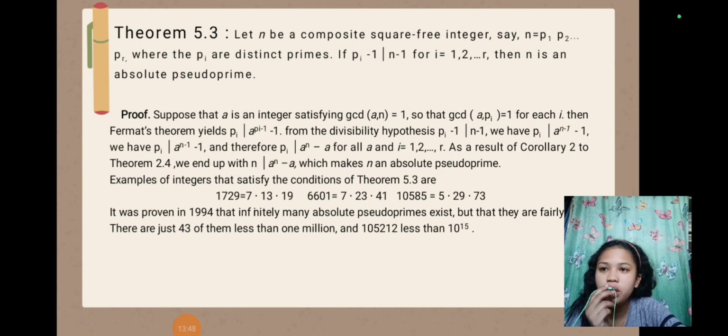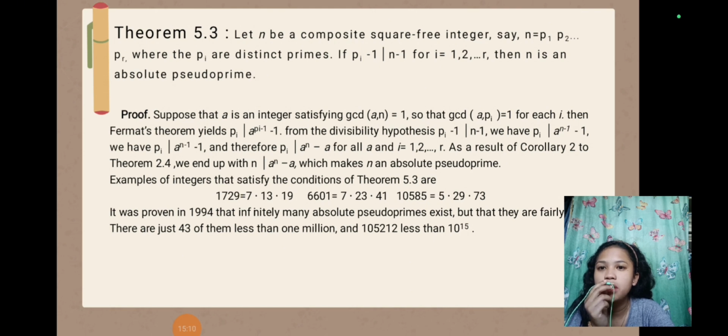The proof is as follows. Suppose that a is an integer satisfying GCD(a, n) = 1, so that GCD(a, p_i) = 1 for each i. Then Fermat's theorem yields p_i divides a^(p_i − 1) − 1.